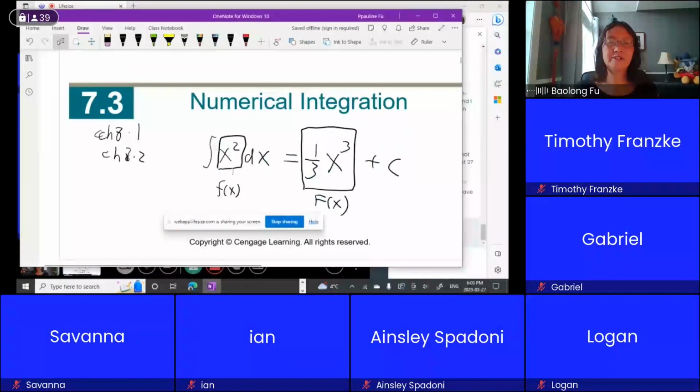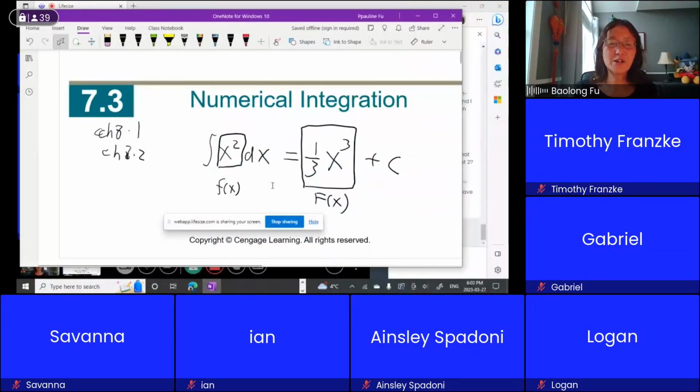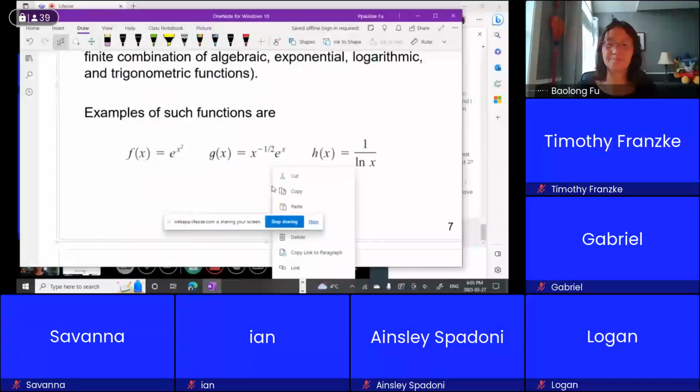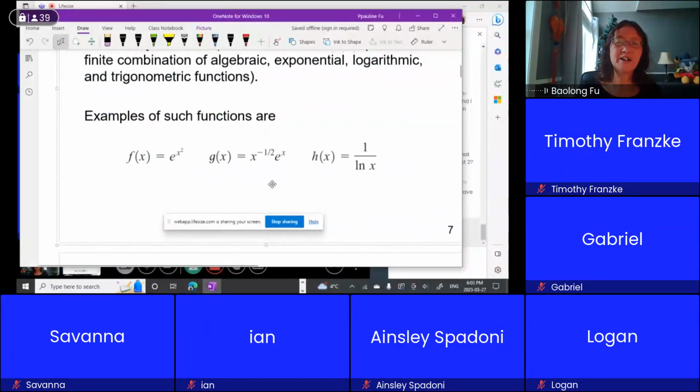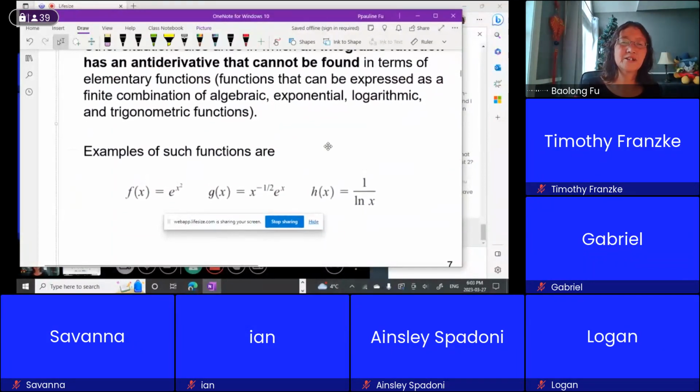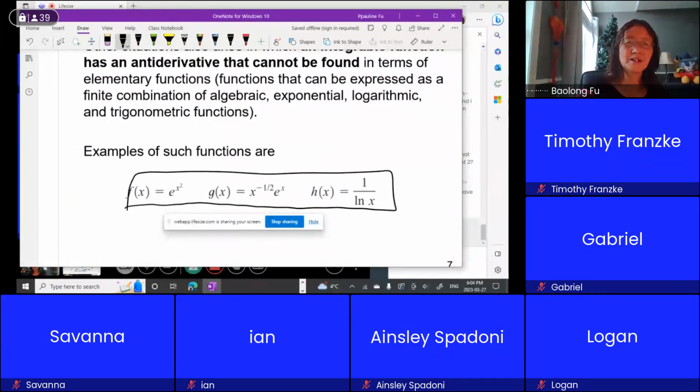Okay, so so far we have antiderivative, but not all functions have an antiderivative. For example, these functions, you cannot find an antiderivative for these functions, because an antiderivative cannot be found.